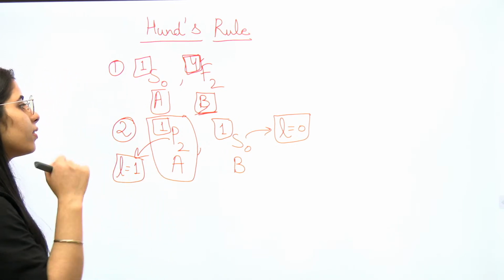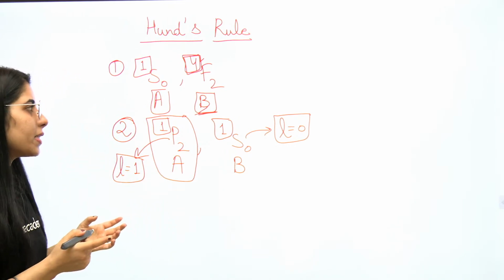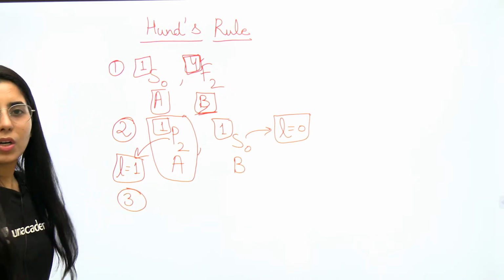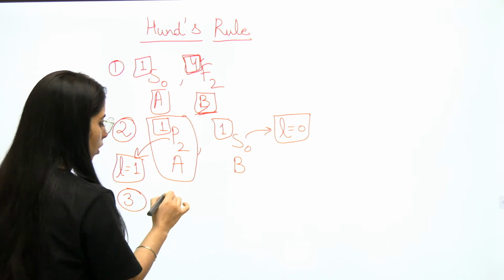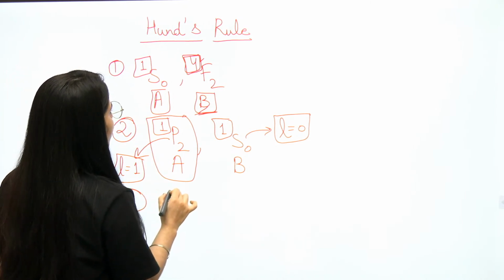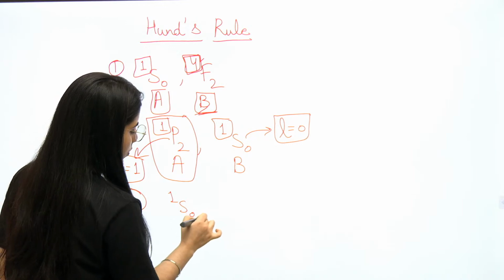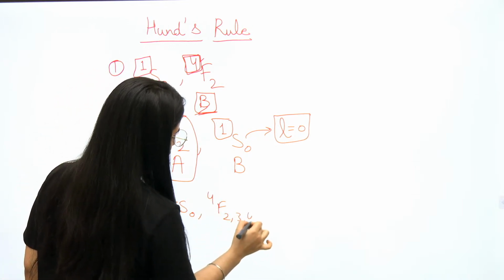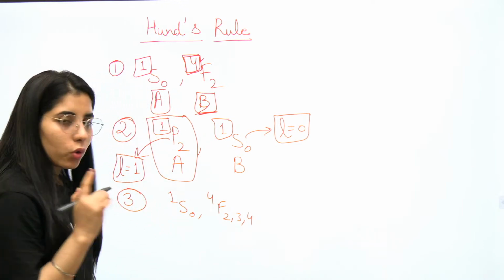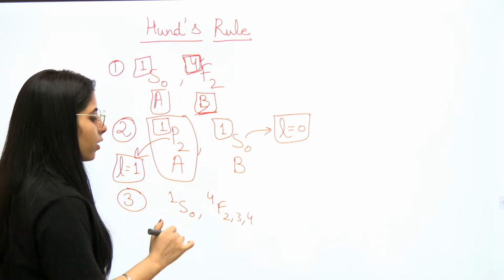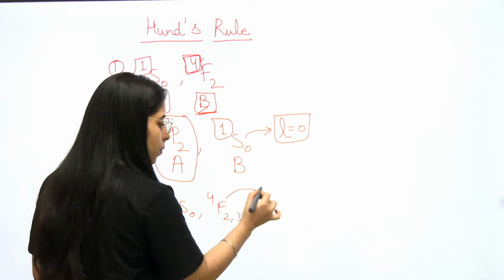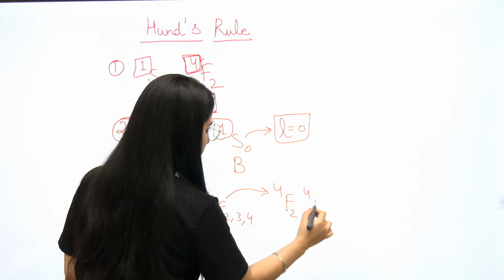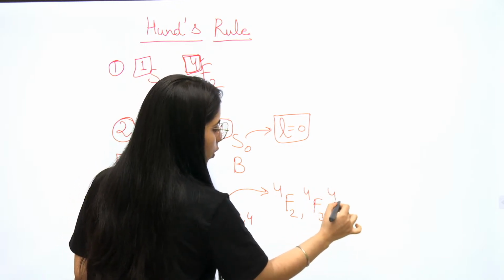But now I'm going to take another example. We will summarize all the points, but let's consider the examples first. After that, we will summarize the points. Consider 4F2, 4F3 and 4F4. Now when I am writing 4F, 2, 3, 4, you can consider these are the three terms. Basically 4F2, then 4F3, then 4F4.